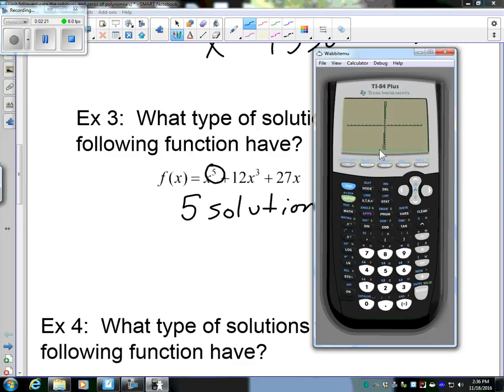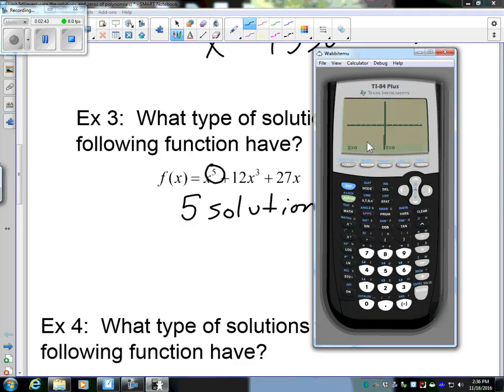I can see here that the graph goes through the x-axis. It looks like one time here. What I'm going to end up doing is zooming out one time just to see if for some reason it was outside my window that it would cross over again. You can faintly see here that it goes across the x-axis once, and I don't see it going across the x-axis again.